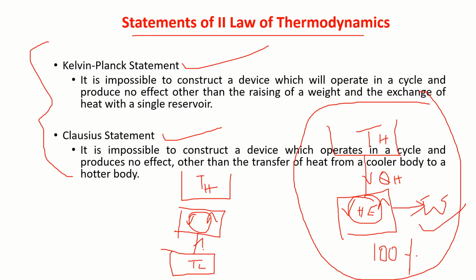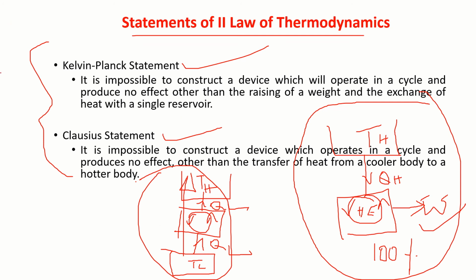This is taking heat QL and completely transferring the same heat QL. That means it is impossible; heat itself cannot flow from a low temperature body to a high temperature body. That's what the Clausius statement is.